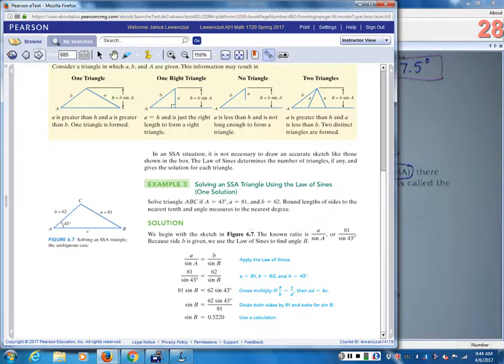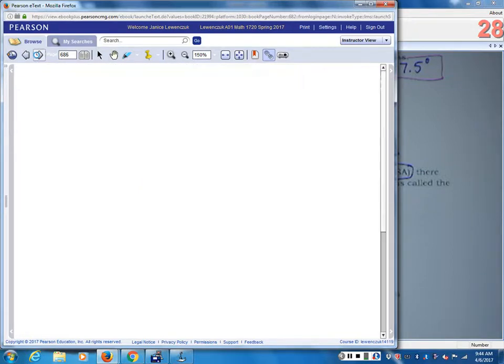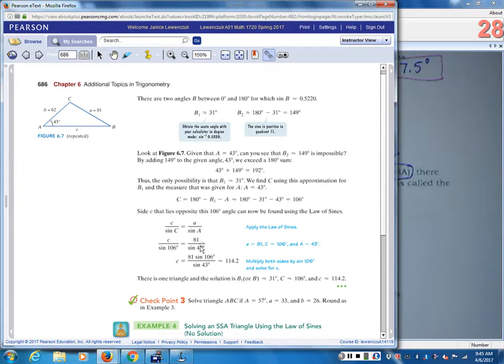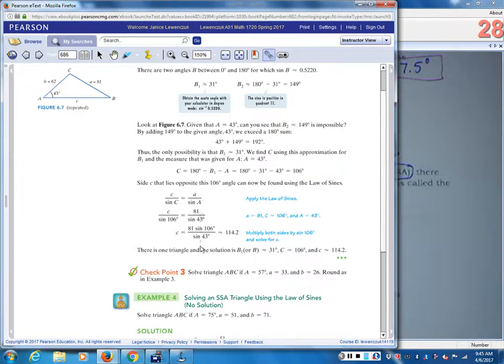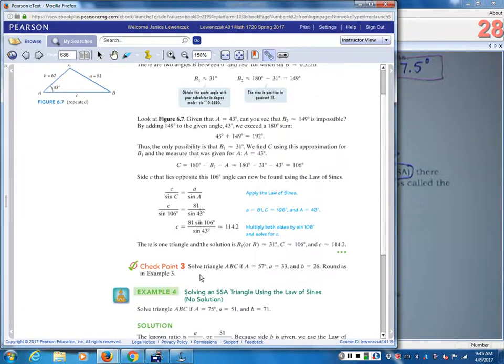This is probably the checkpoint that we're doing, checkpoint 3. I don't remember where this one was in this book.